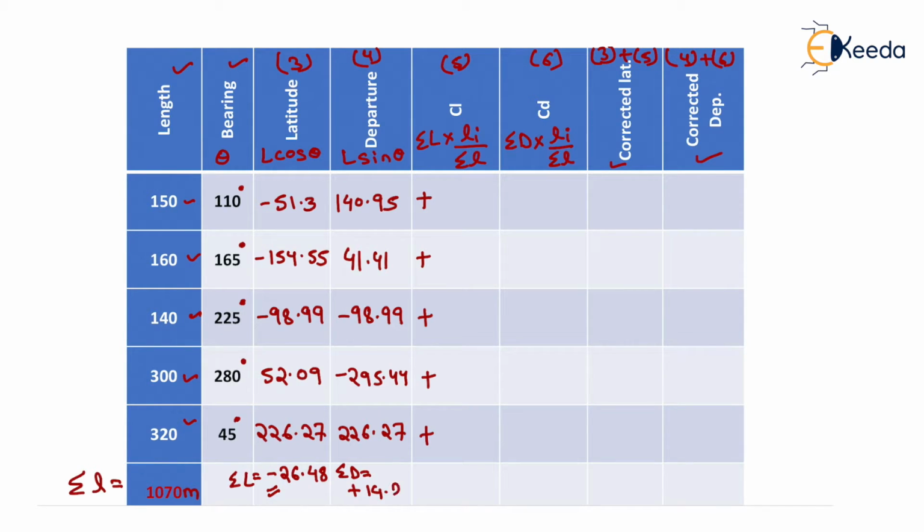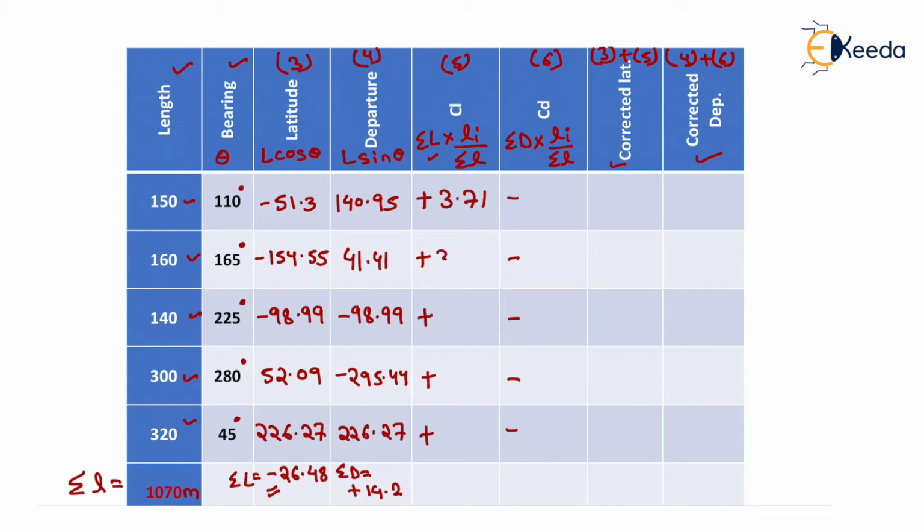Now the value of the error in departure is positive, so the correction will be applied in a negative manner, that is, a negative sign everywhere. Okay. Now after putting the value of summation L as 26.48 in this equation, and the length of side AB as 150 divided by the total length 1070, we will get the correction in latitude as 3.71.